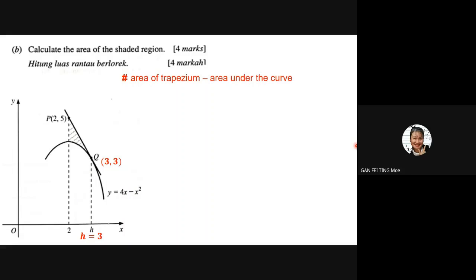Okay, now the area of trapezium. The trapezium formula is half times the sum of the two parallel lines, which is this is 3, the y coordinate, this height is 3, and this height is 5. The two parallel sides: 3 plus 5, times the height from 2 to 3, which is 1 unit.